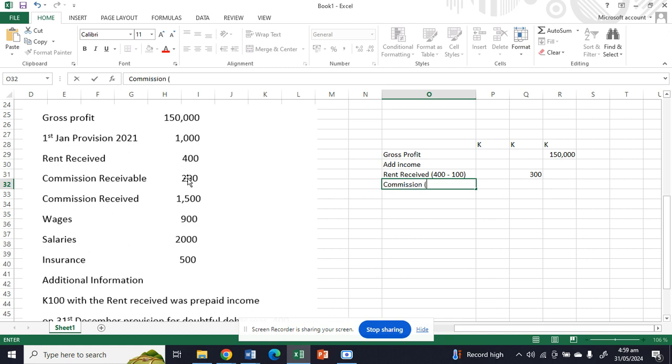So when it's 1,500, you get 1,500 plus 200, you get 1,700. Then this commission receivable, this 200, is going to go on the balance sheet as a current asset.